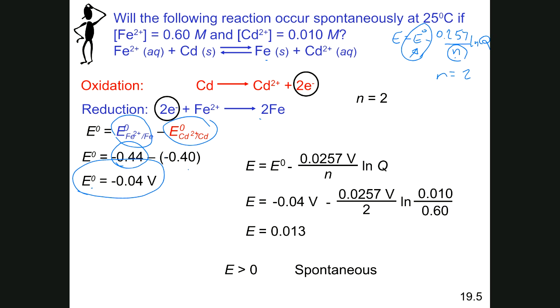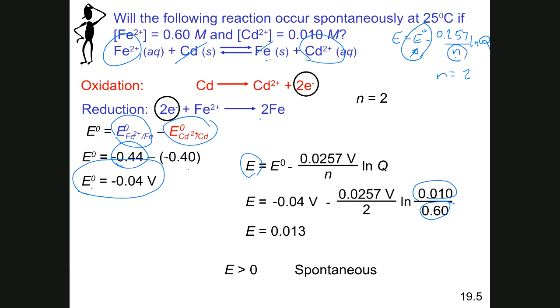Then you find the value for E. We have the E0 already calculated. N is determined to be 2. In order to find the E, we are going to replace Q with the concentration of product over the reactant. In this case, we have 2 solids, so we don't have to worry about the concentration of these two. It's just the concentration of cadmium over the concentration of iron. So we have these numbers.